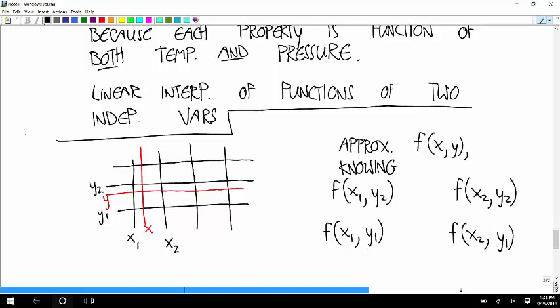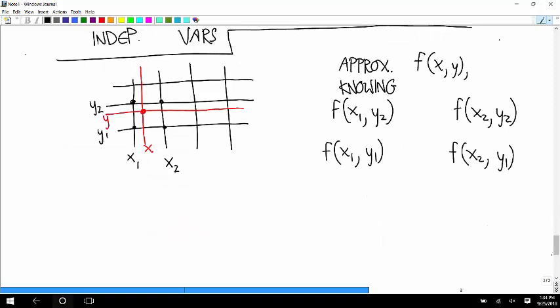We're going to know the function values at these four nodes, and we're going to use that to approximate the function value here. And we're going to do that as a series of 3 1D interpolations.